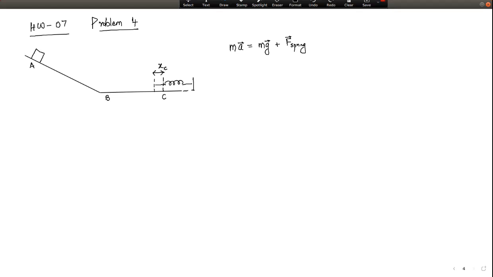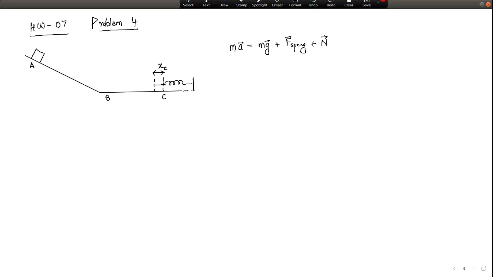We have no friction acting on the surface, so there is also a normal force acting on the block. So there is gravity, there is normal force, there is no force of tension, there is no friction because it's frictionless, and there is a force due to the spring. We know that the gravitational force and the force due to the spring both are conservative, in the sense that they do not depend on the details of the path. They only depend on the initial and final points, which leaves us with the normal force.